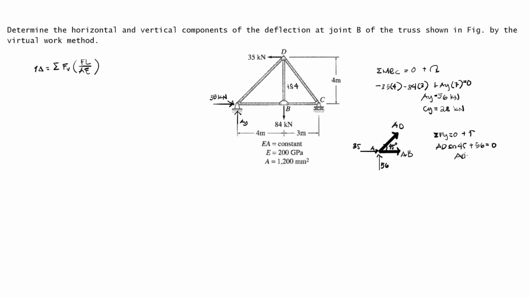So AD is negative 56 divided by sine 45, which is 79.1959, so we can say 79.2. Negative means it is in compression, so we still need to keep the negative sign. Did you get it, class?